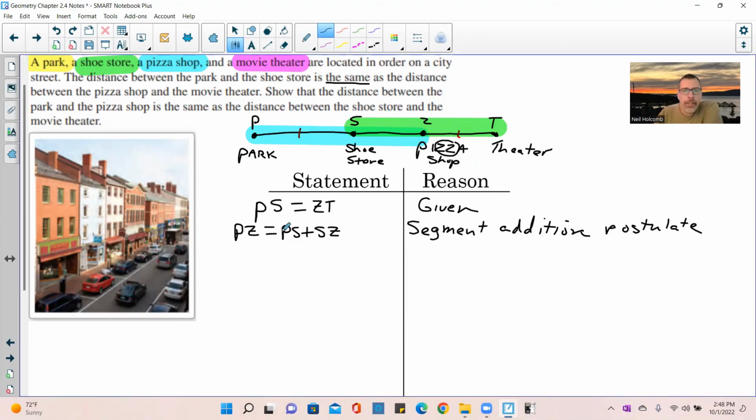So how long is the distance from the shoe store to the theater? You'd say ST equals SZ plus ZT, and that is also the segment addition postulate.